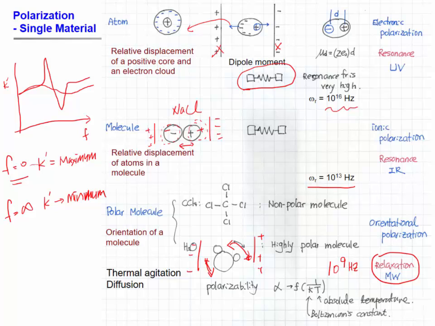So when the frequency goes to infinity, the electron cannot follow that movement because the oscillation is too fast. So now you only have the permittivity of free space. So the smallest one will be 1, because the relative permittivity of free space is 1. Right? That's the same as the dielectric constant.